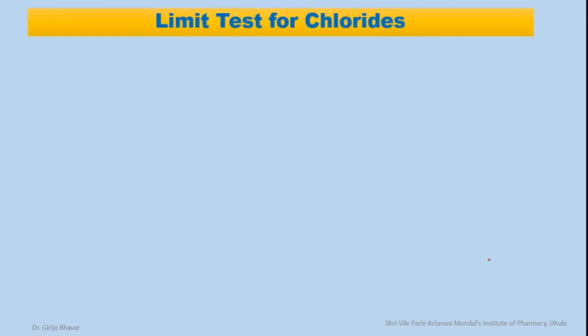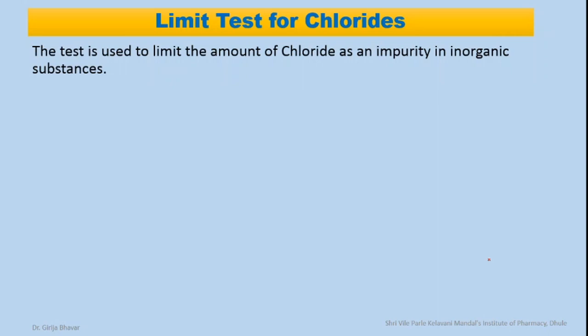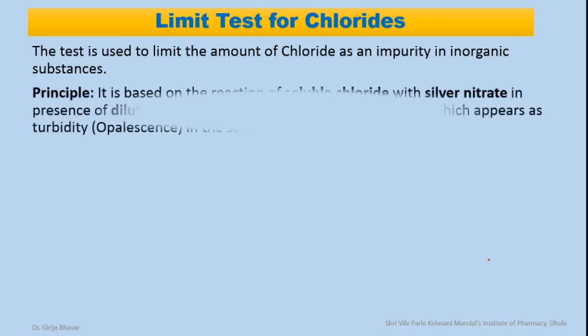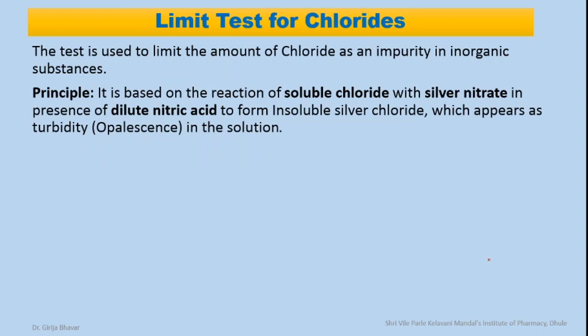Now we will see the procedure for the limit test for chlorides. Before discussing the procedure, we will see the principle involved. The limit test for chloride is based on the reaction of soluble chlorides with silver nitrate in presence of dilute nitric acid to form insoluble silver chloride, which appears as turbidity or opalescence in the solution.